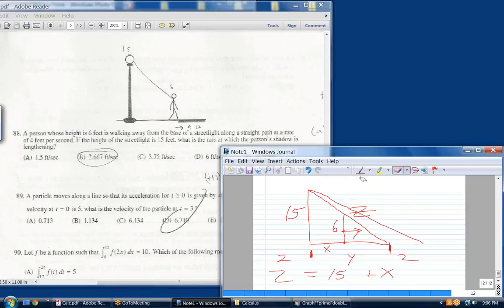In which case, they've given us dx dt is 4 feet per second. That's how fast the person's moving. And we want to calculate dy dt.